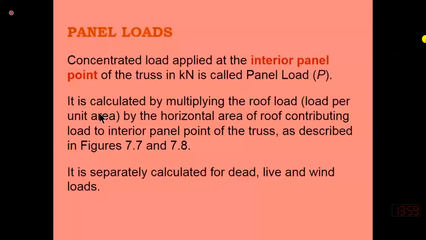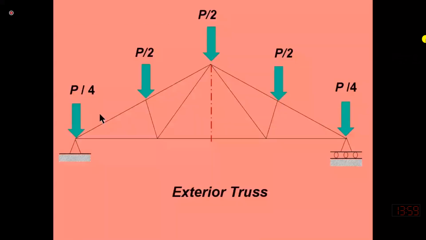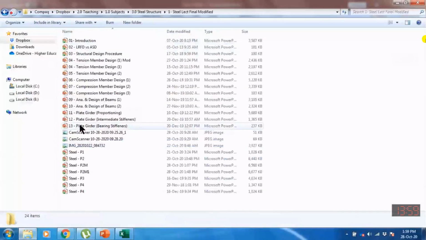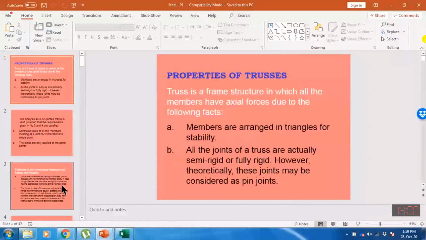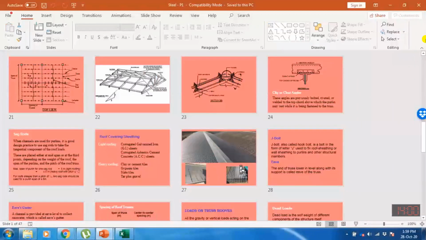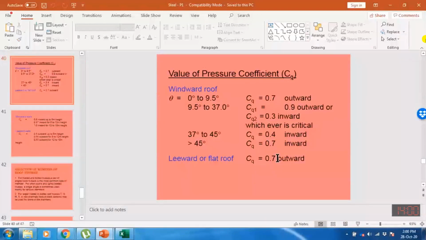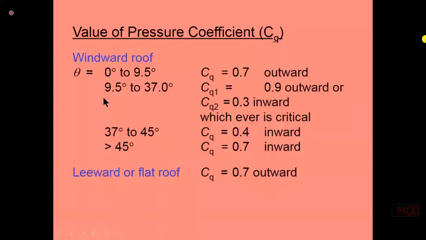So let me open it. Here, because I told you that the live load will remain the same, but if the inclination of the roofing system is between 9.5 to 3.7, we will have two CPE values.